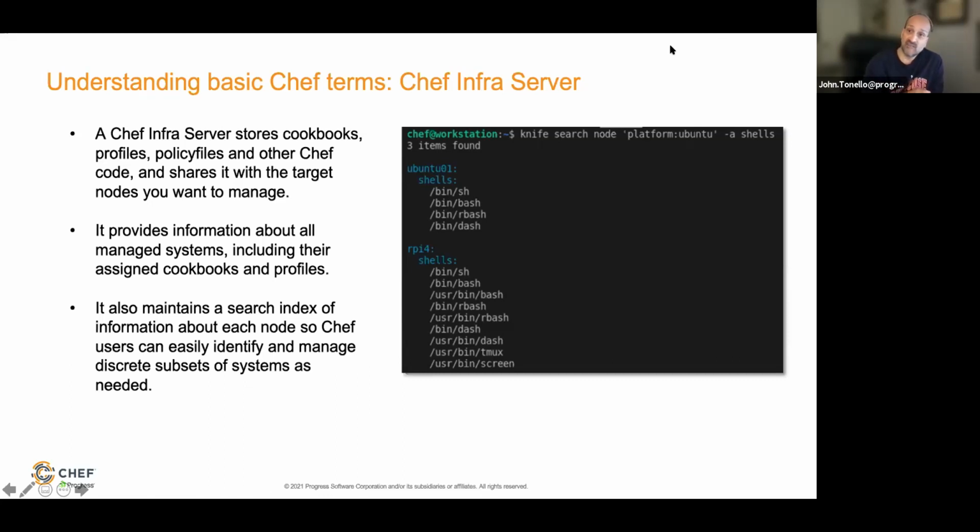You could do this manually on a machine or one or two machines, but because Infra Server is collecting all this data, it makes it easy to pull, easy to verify information across hundreds or thousands of nodes all at one time. The search index is part of what drives the content in Chef Automate, but it's also viewable through the command line tools.